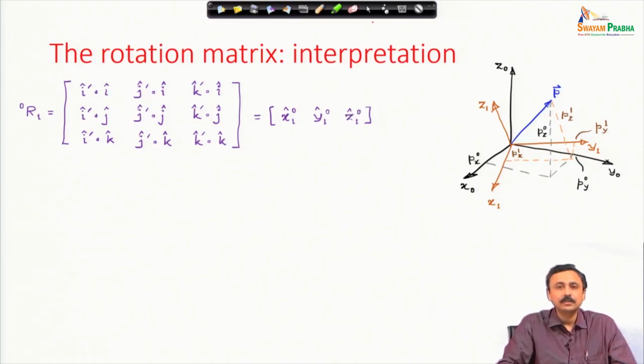Similarly, the third column is the representation or the coefficients of z 1 in x 0, y 0, z 0, because I have taken k prime cap and taken its dot product with I cap, j cap, k cap. Therefore, I will get the coefficients or the direction cosines of the z 1 axis in x 0, y 0, z 0.